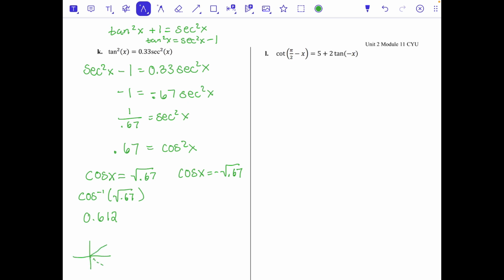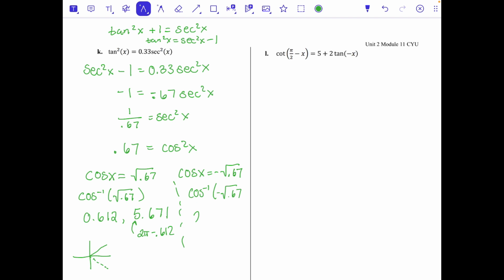Cosine is a horizontal distance, so its matching angle will be in quadrant 4. So 2 pi minus that 0.612 is going to get me my second angle of 5.671. So I have 2 of my 4 solutions so far. Now I'm going to do the same thing with the negative possibility. So I'm going to do inverse cosine of negative square root of 0.67.